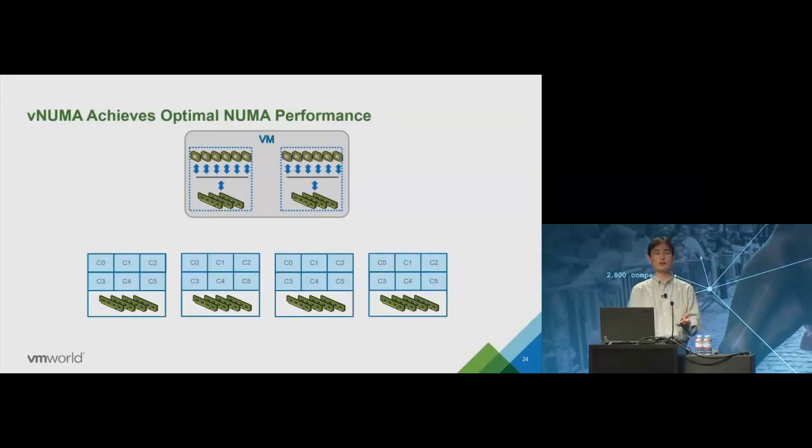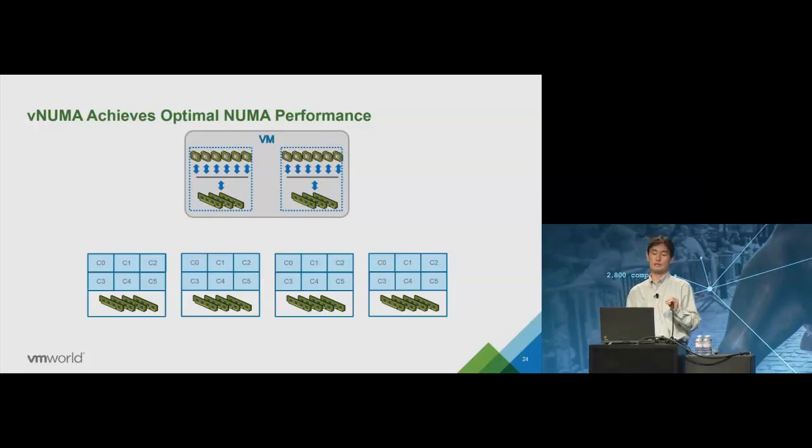What virtual NUMA does is ESXi exposes to the VM that it is running on top of 2 virtual nodes. Then a guest OS or application that is aware of NUMA topology or optimized for NUMA systems does the right placement of compute and memory.